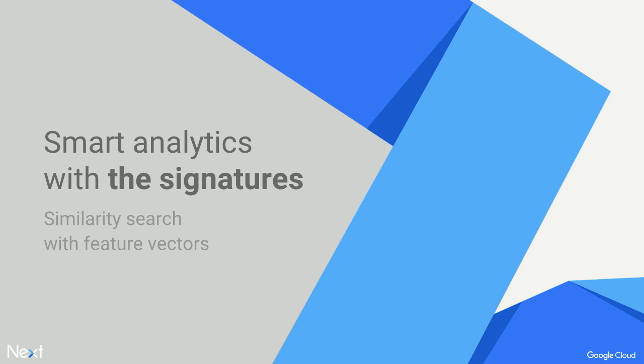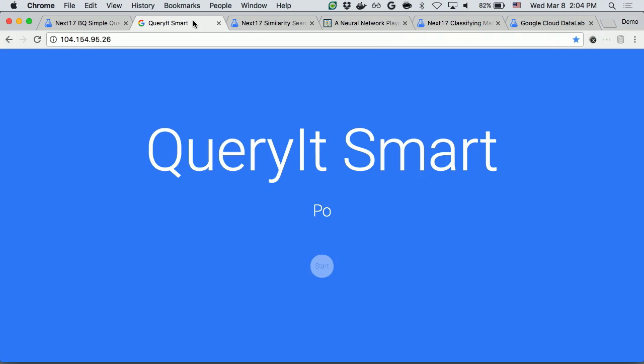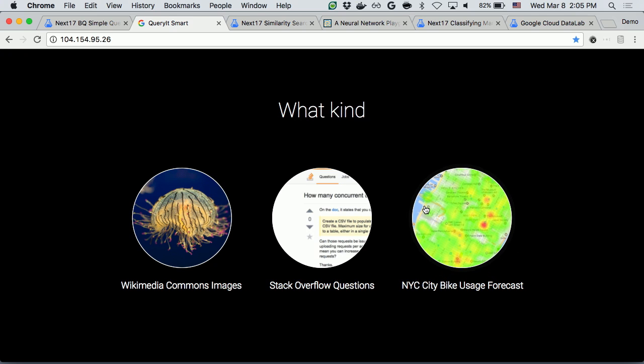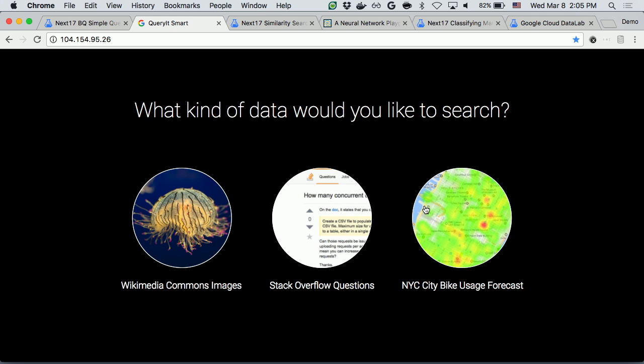By signatures, I mean feature vectors taken from the content, so that you can make BigQuery SQL a little bit smarter. And I can show a demonstration of the smarter query by using a demonstration called Query Smart. This is a demonstration we have built for the next Google Cloud Next today. And you can see the same demonstrations in the sandbox area, the playground area.